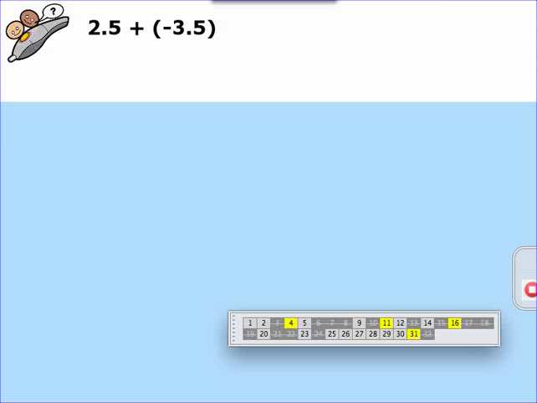That might be like texting, where you have to hit it a couple times. Okay, so 2.5 plus -3.5.